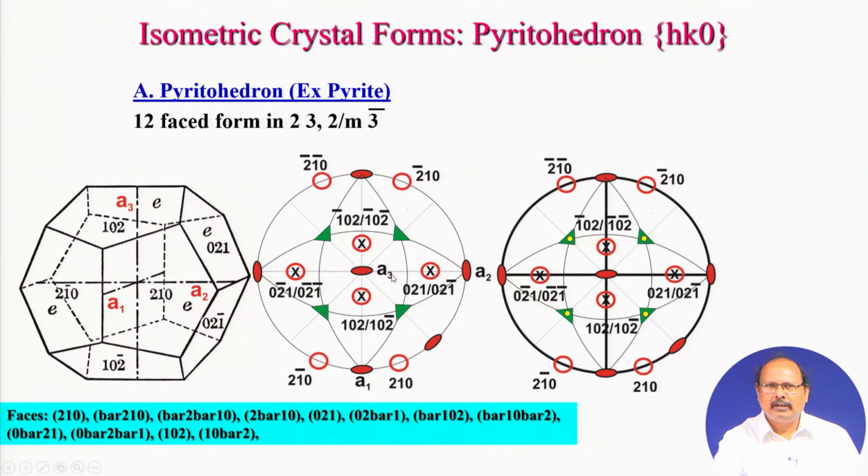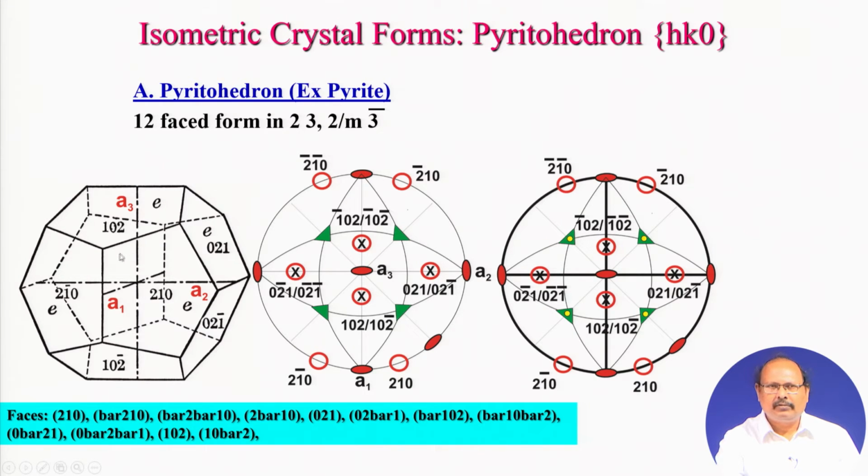These are shown by the 4 crosses here. So, this 12 faced form is given the name pyritohedron, and this is present in the crystal pyrite, and this is the crystal model of a pyritohedron.